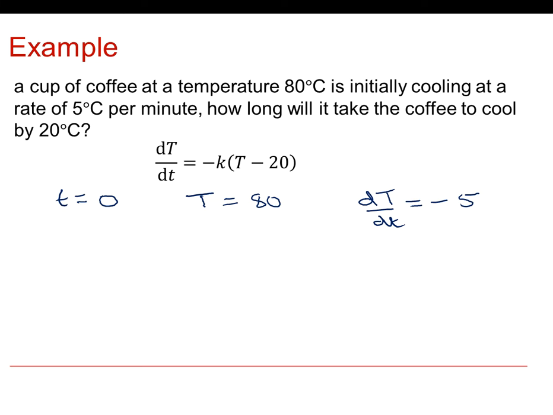If we substitute in these values, we can see that at the time t equals 0, we will find that k equals 1/12. So, having started with our model, we've now worked out the value of k for the given conditions.